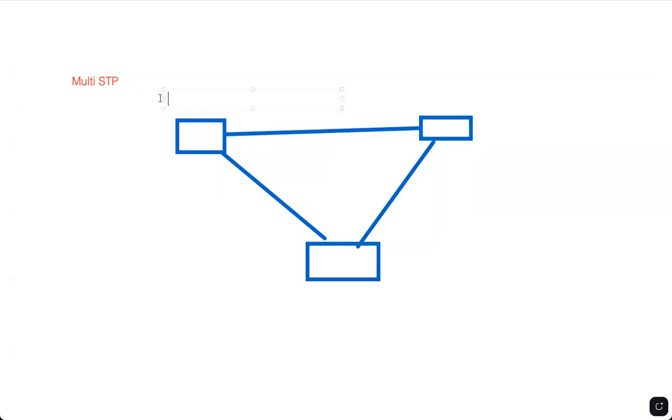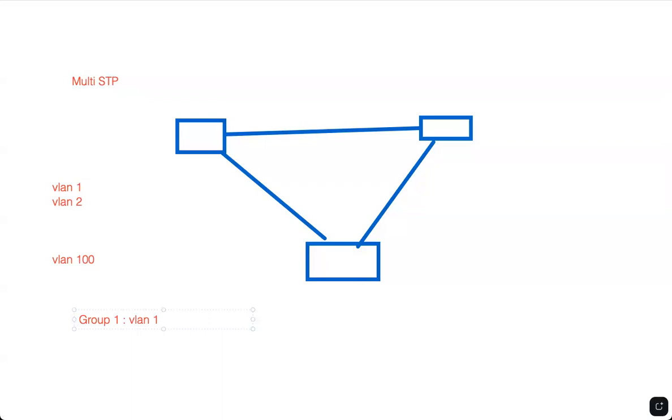Same thing: let's say you have 100 VLANs, VLAN 1, VLAN 2, and so on and so forth. Instead of doing per-VLAN spanning tree, what they will do is make them into groups.